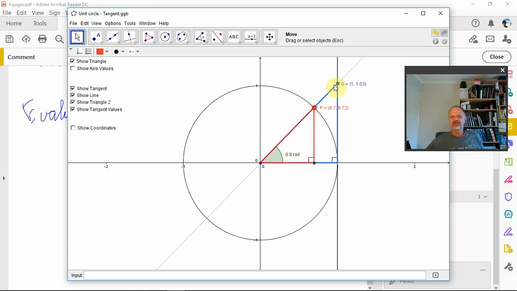Our blue one, notice that length's 1, and this is our tangent up there. And the red one, we've got that length there and that length there. The angle is the same. So the ratio of this side to this side is the same as this side to this side.